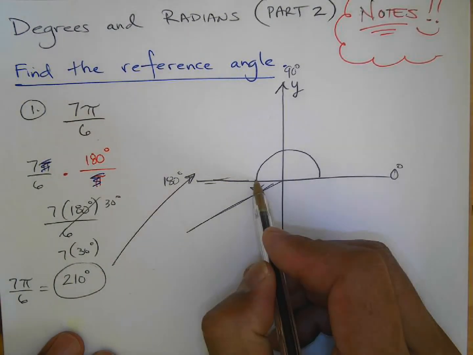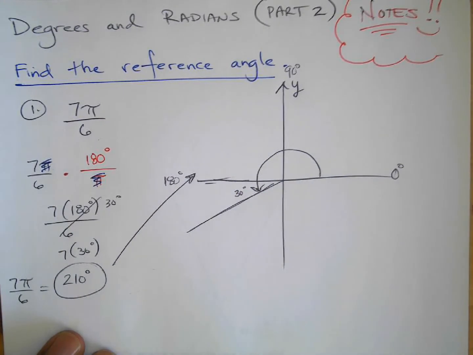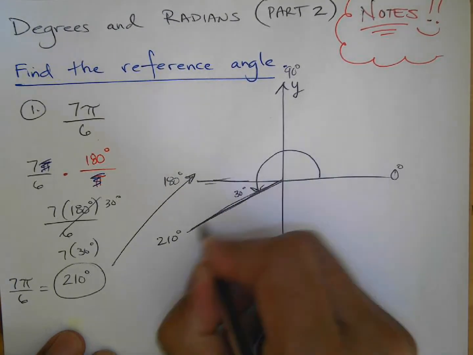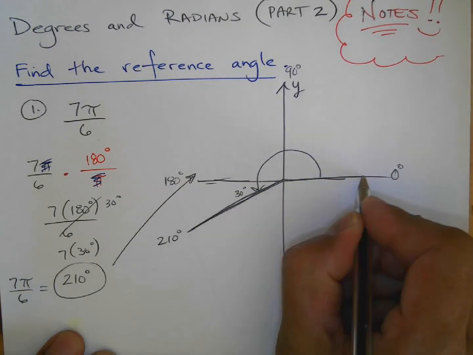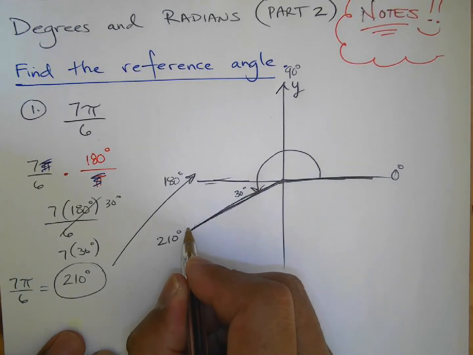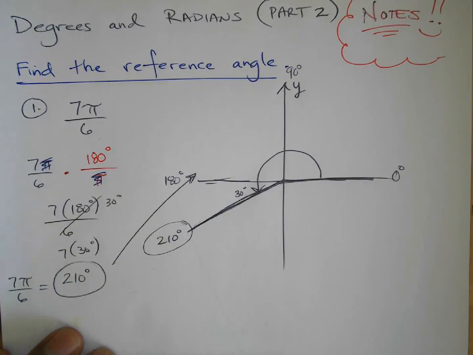I gotta go to 90. Another 90 is 180. And 180 plus 30 degrees. Everybody agree this is my 210 degree terminal side here. This is the angle here. All this, all the way to here. Here's my 210 degrees right there.